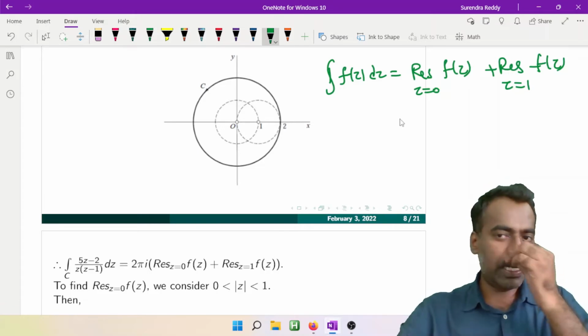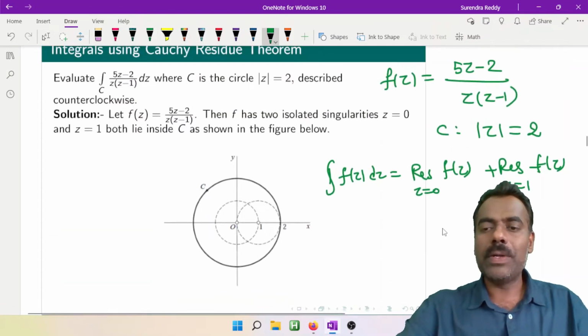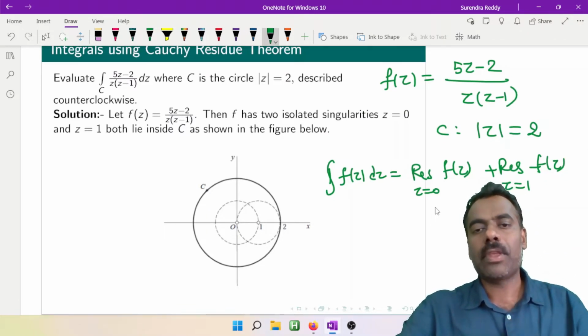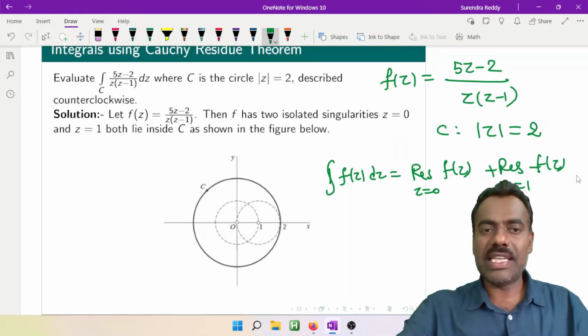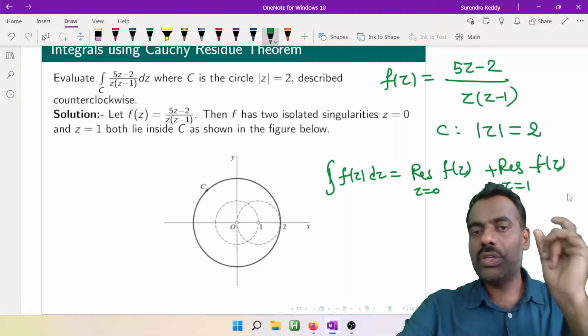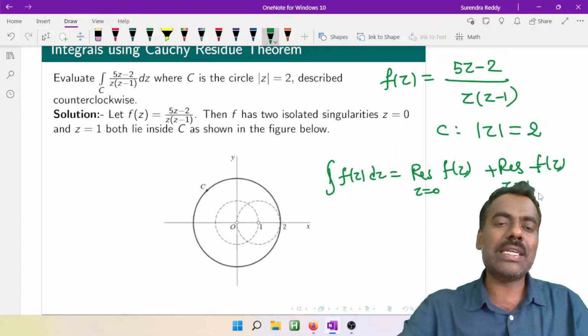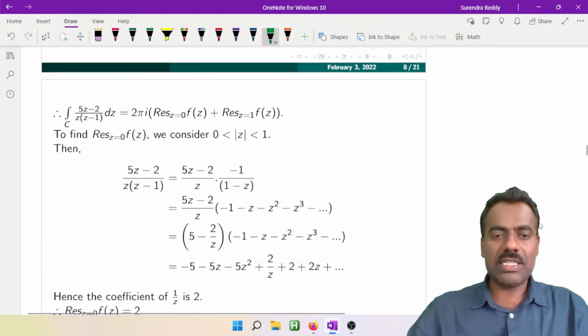Now, if we want to find the residue of f of z at z equal to 0, we want to write f of z in its Laurent expansion, and then find the coefficient of 1 by z, because here z naught is 0. Similarly, we will write the Laurent series expansion which involves the coefficient of 1 upon z minus z naught, which is 1 here, so 1 by z minus 1. That we have already seen when we discussed examples.